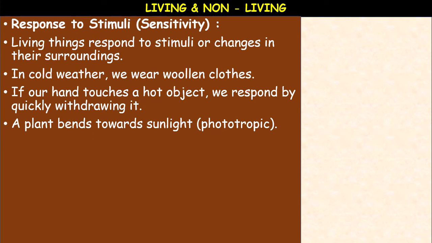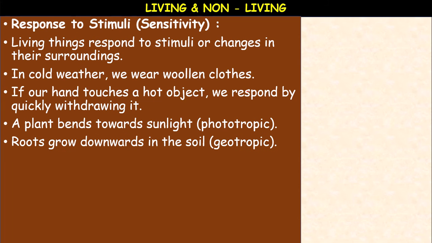Even plants are living beings. A plant bends towards sunlight. That type of movement is called phototropic movement. Movement towards the light, or response towards the light, is called phototropic response.